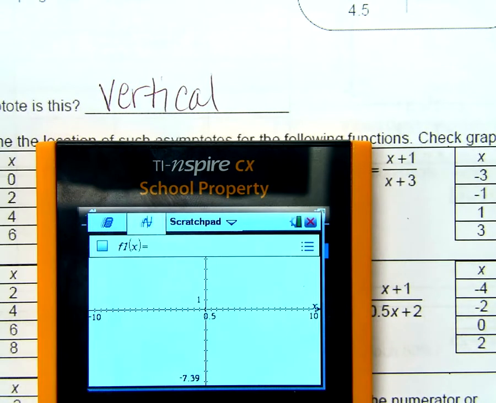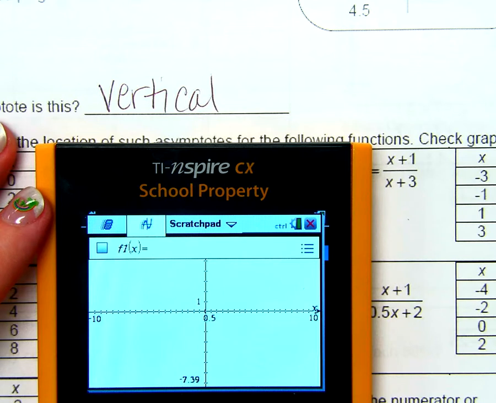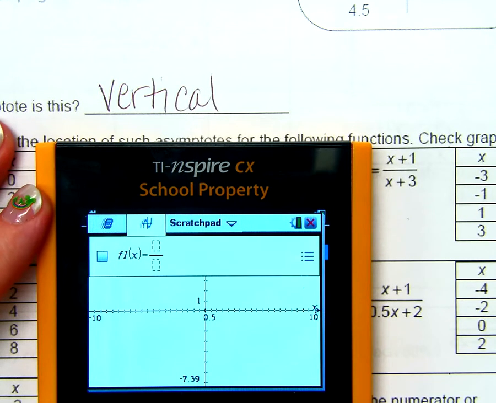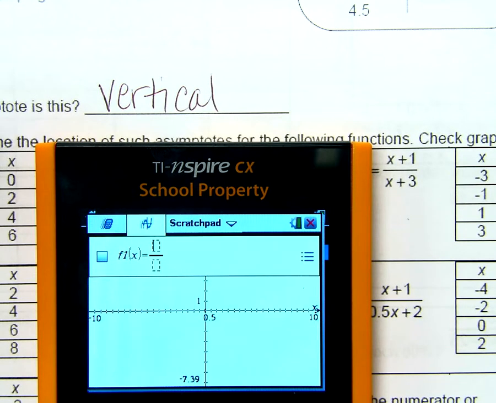When I put in rational functions in my calculator, I have 2 choices that are both correct, that will both give me the right thing. There's lots of choices that will give you the wrong thing. So let me show you the 2 that will work. Number 1, control divide sign, the fraction. Do you see how it already makes a fraction? Yes?